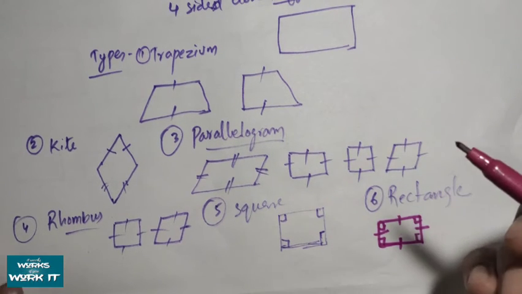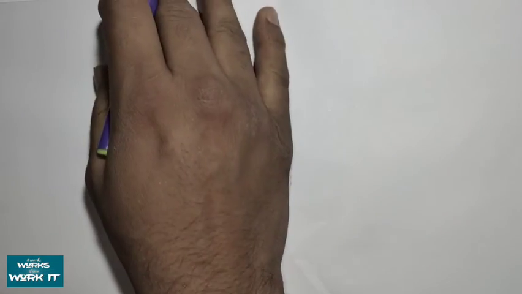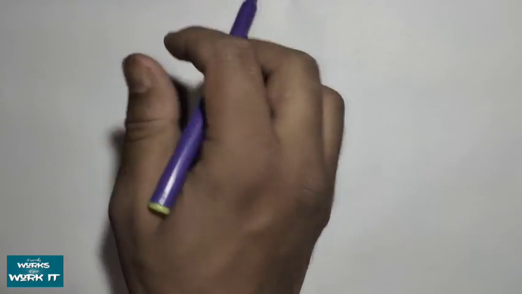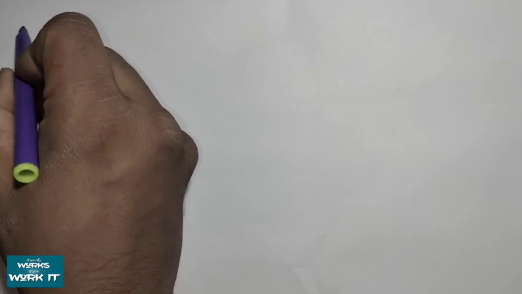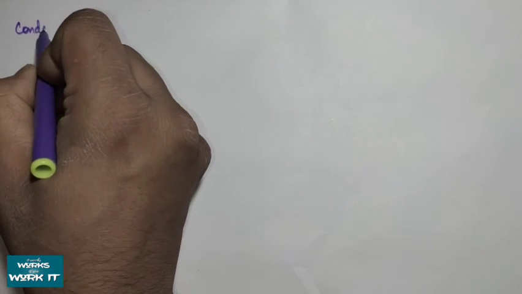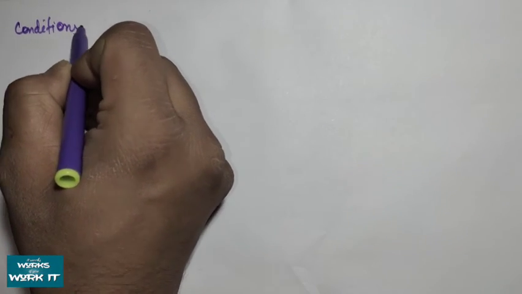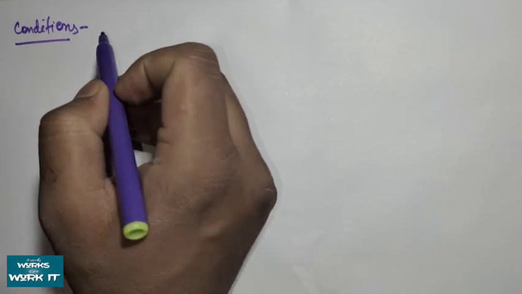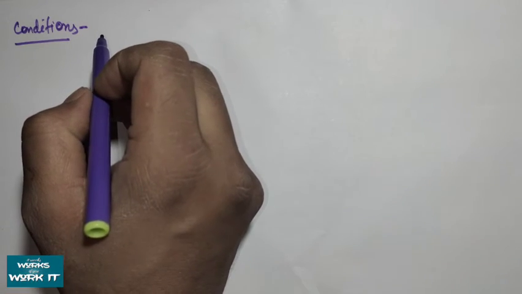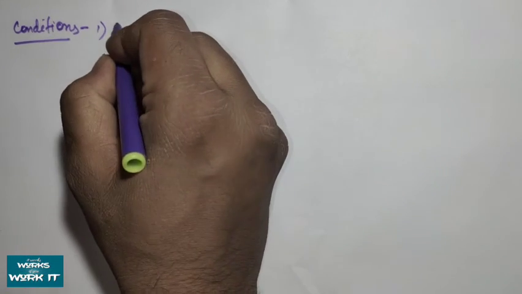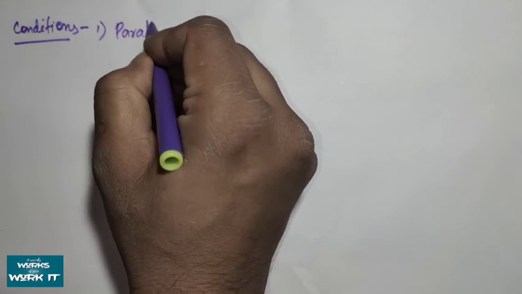Okay, next we will see some of the conditions, the conditions for each and every type of quadrilateral. First we will talk about the condition of the parallelogram.